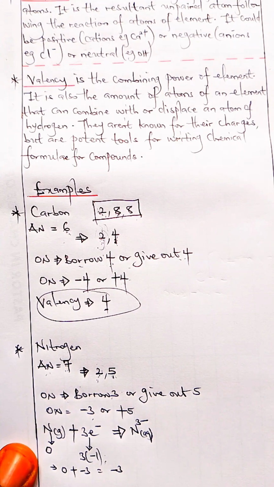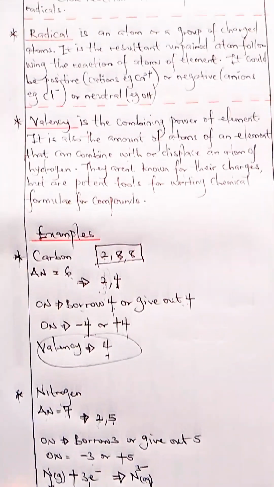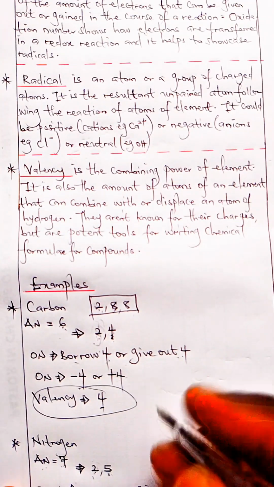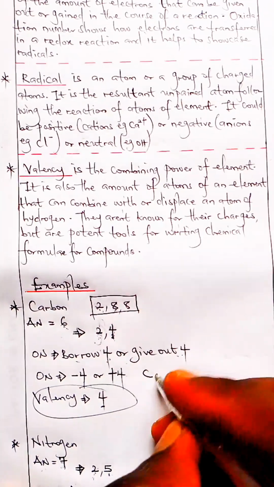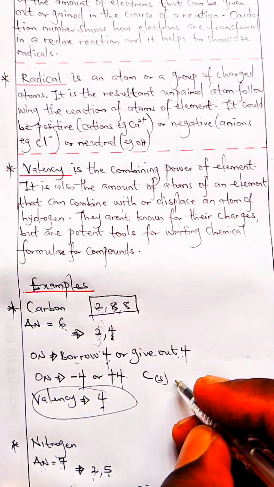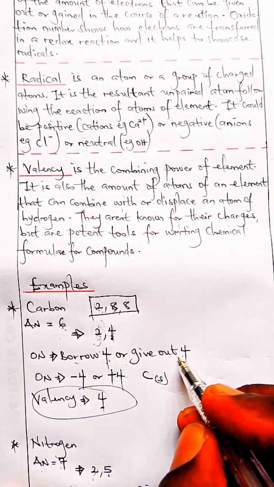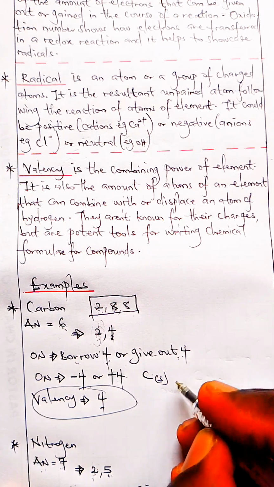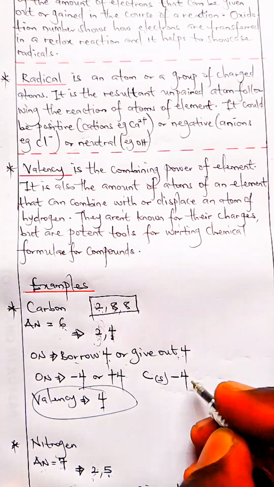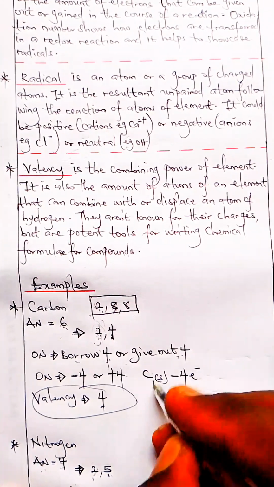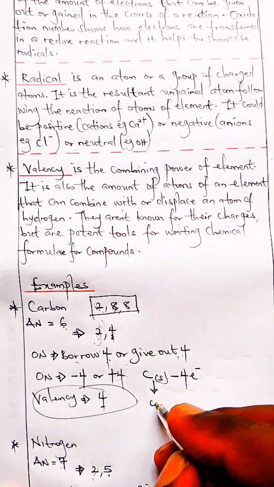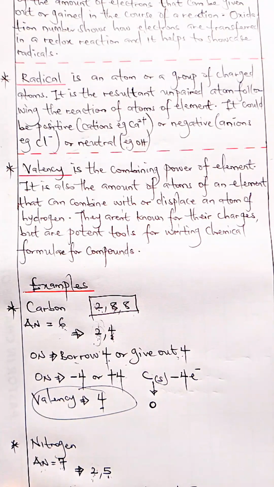We didn't do that for the first element, carbon, so let's do it for carbon also. It's the same thing. Carbon is a solid. It could borrow or give away 4 electrons. Carbon naturally is 0, that's its oxidation number. The oxidation number is always going to be 0 until they react with another atom.